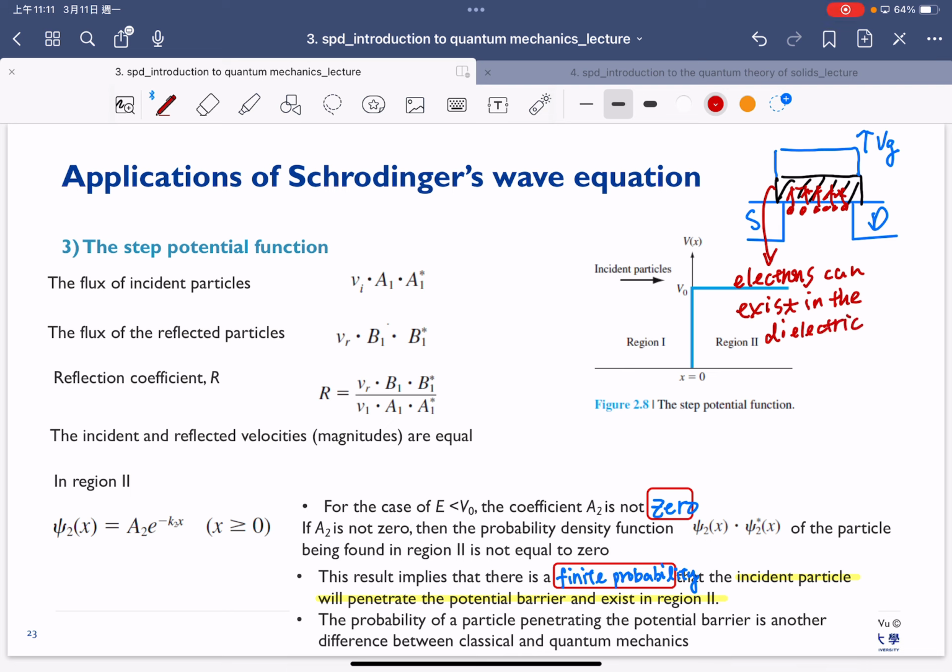If we didn't have quantum mechanics, that's definitely something we could not understand. But right now, we believe that even though that's the dielectric, the electron can have a certain probability to exist inside this dielectric, inside this insulator.